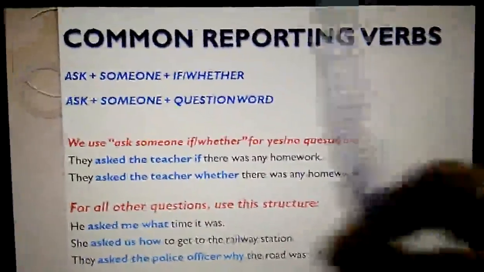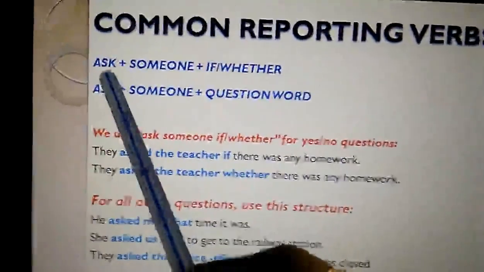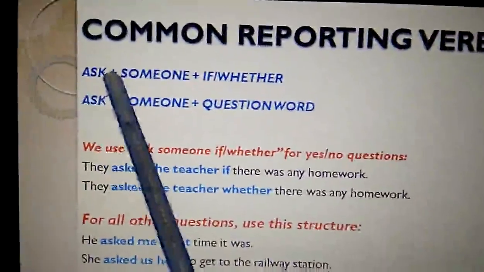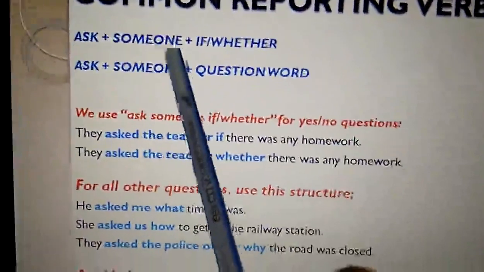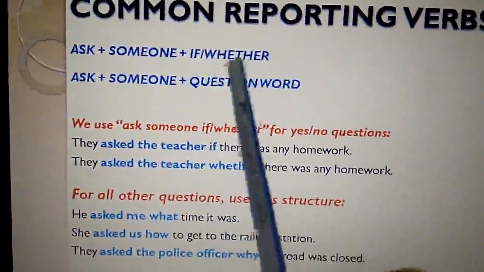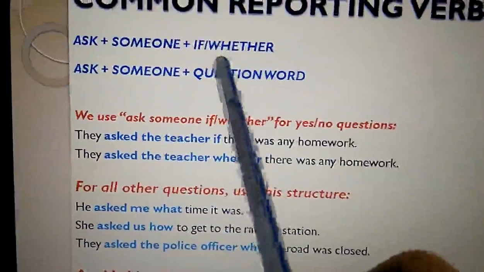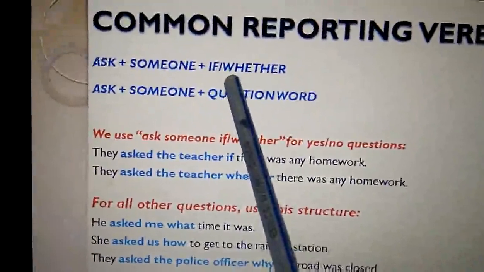Next, we have another common reporting verb, that is ask. If you use ask as the reporting verb, then the pattern of the sentence would be ask plus someone plus if or whether. Usually we use this if or whether. Already we discussed this thing. If or whether is used in yes or no questions.